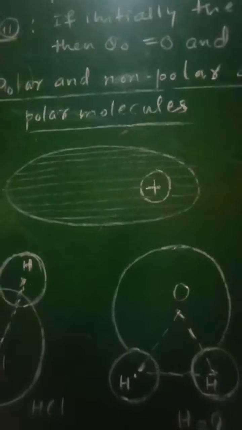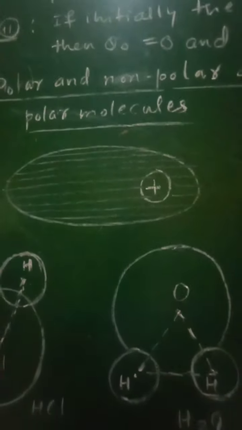And therefore the molecule in which the center of mass of the positive charges, that is protons, and the center of mass of the negative charges, that is electrons, do not coincide, that is do not lie at the same point, such a molecule is called a polar molecule.